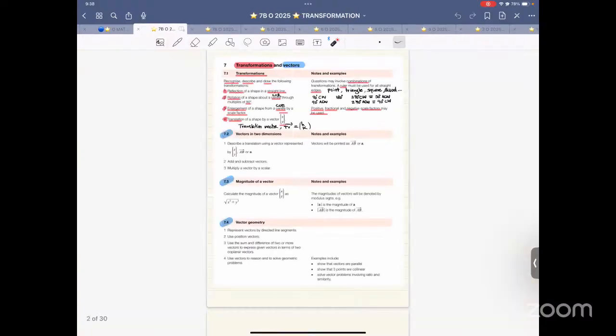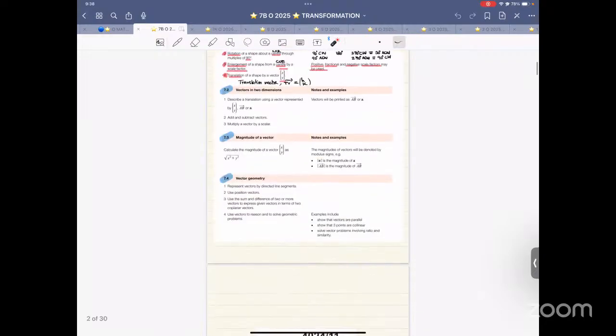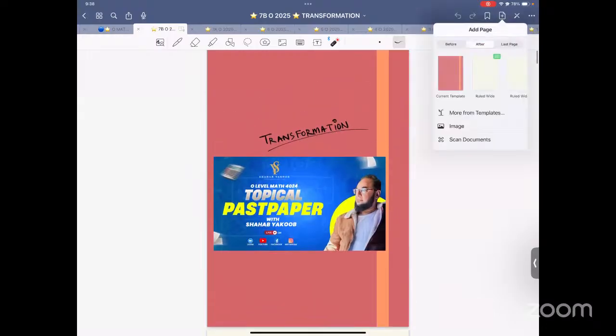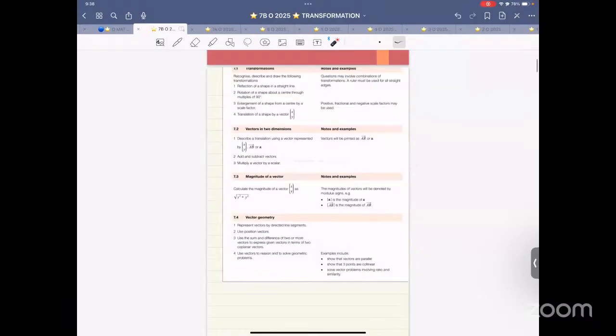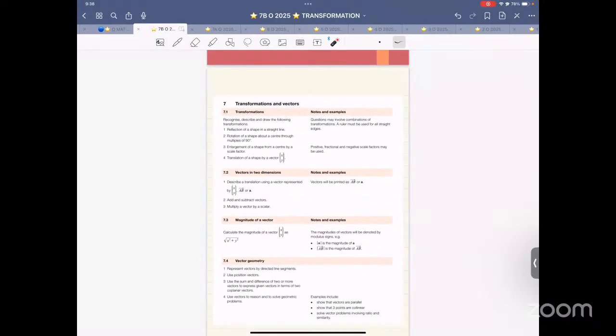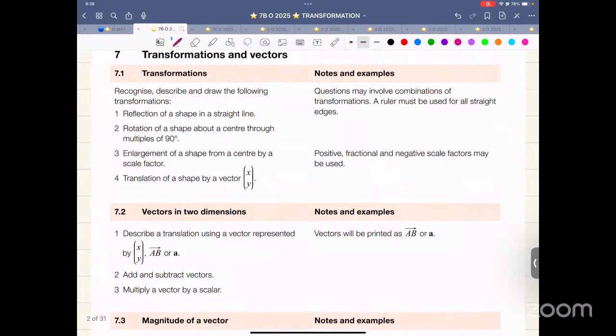Now, let's talk a bit about transformation. So let me copy transformation, the syllabus over here. We will just be going over these 2-3 things and then go to the past papers and first focus on these things.